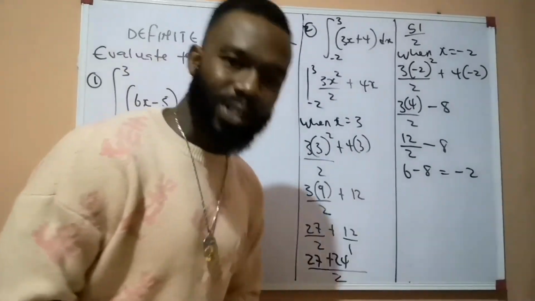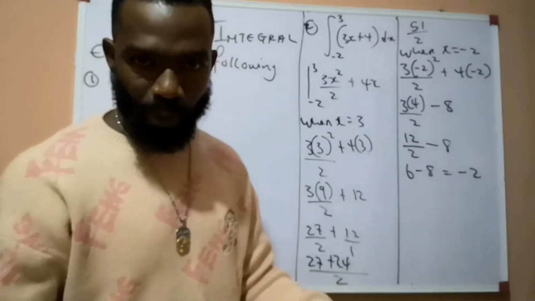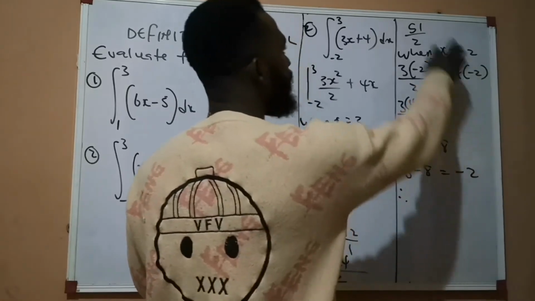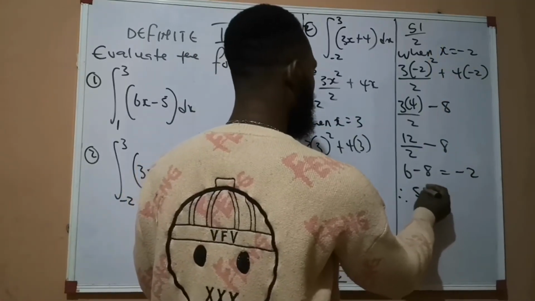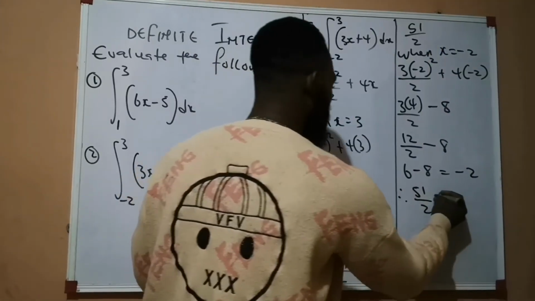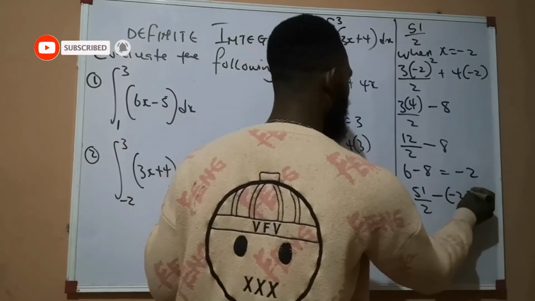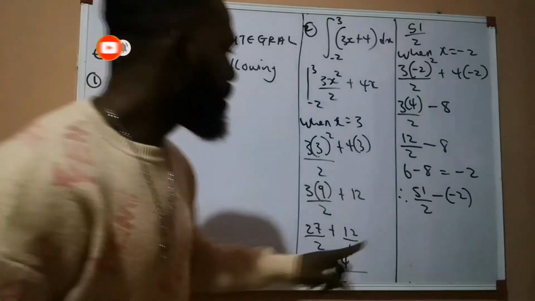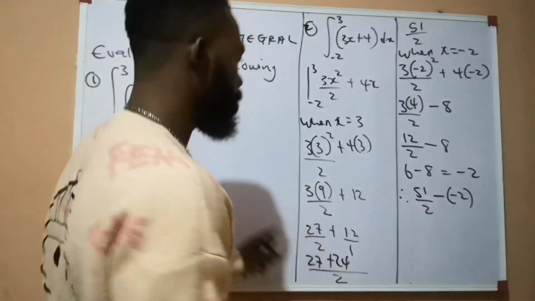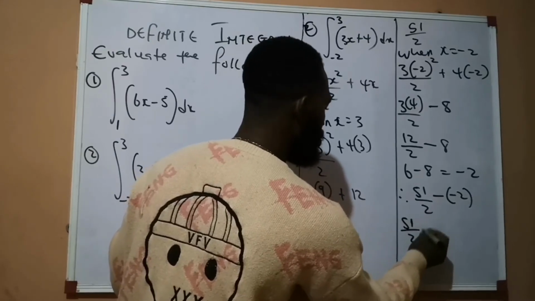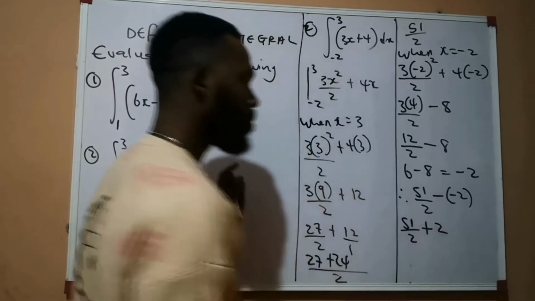So now that we have gotten the 2 answers, what do we do? We subtract. Therefore, the first answer we got was 51 over 2, minus the second answer we got, which is minus 2. Are we there? Now, minus times minus will give us plus, so here becomes 51 over 2 plus 2.